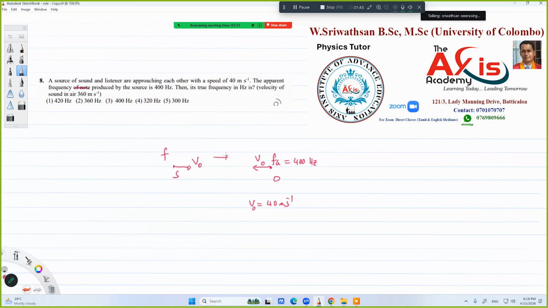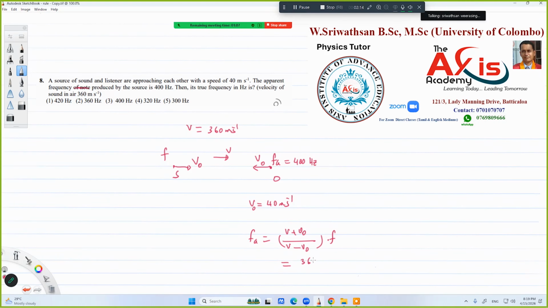Velocity of sound we always want to indicate towards the observer, as V. What is the formula? Fa, that means apparent frequency, is the relative velocity of the observer, V plus V0, over the relative velocity with respect to the source, V minus V0, into the natural frequency. V is the velocity of sound in air, given as 360 meter per second.